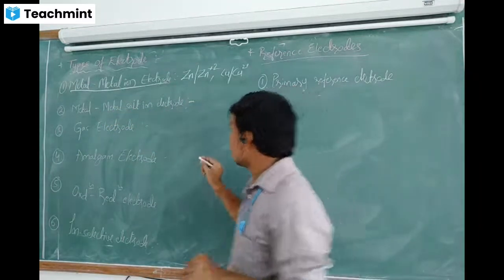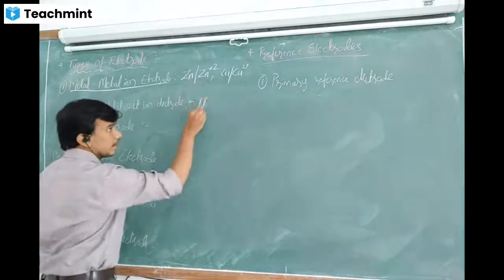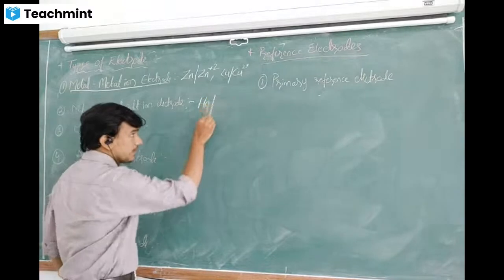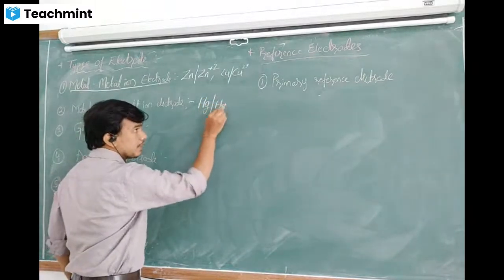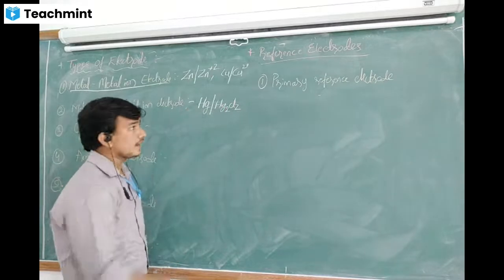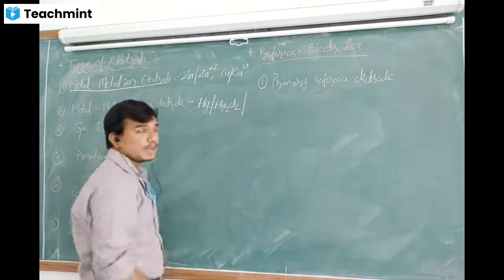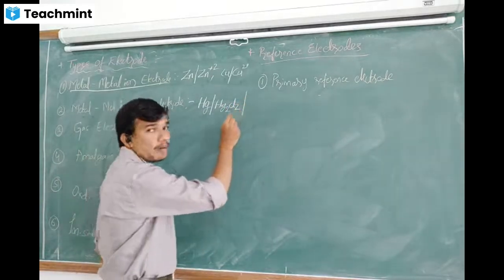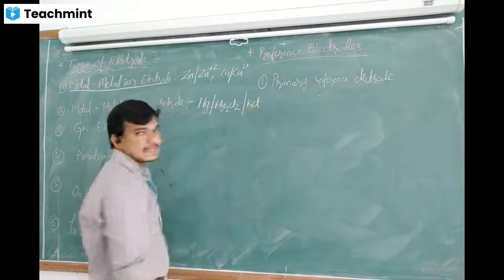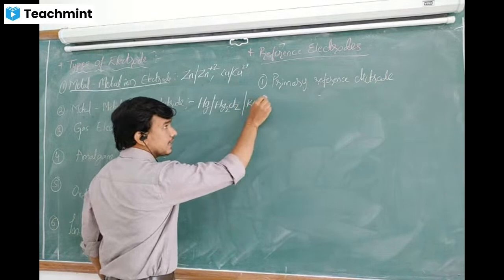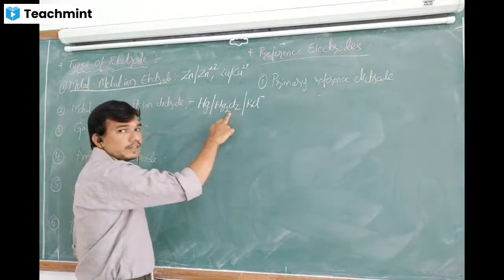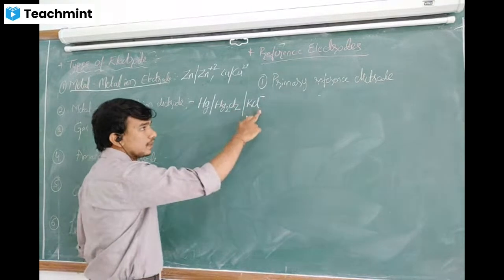Say for example, mercury. Mercury is a metal. Mercury metal is in contact with its sparingly soluble salt, mercurous chloride, and it should also be in contact with the common anion of the salt. For example, KCl, in which Cl- ions are present. The common anion of the insoluble salt should be there.